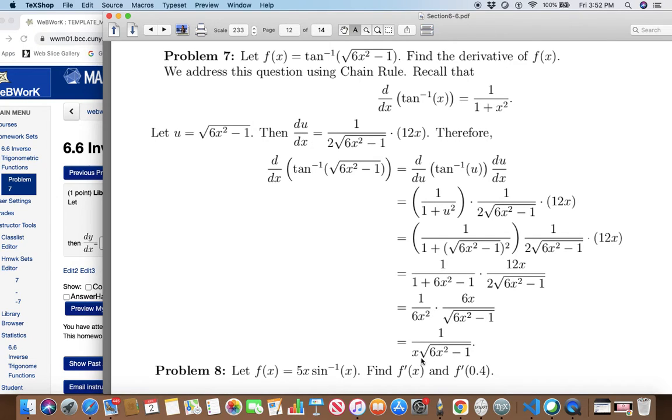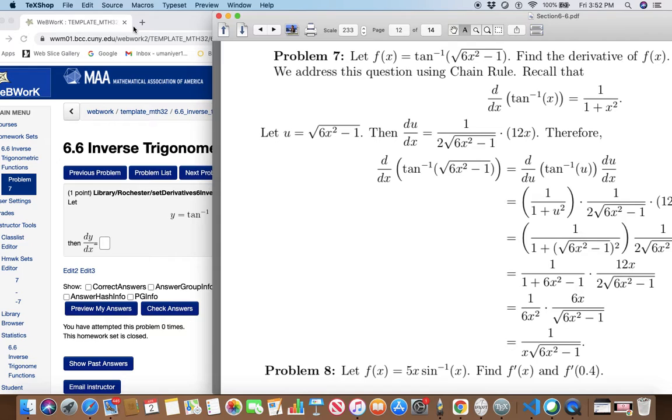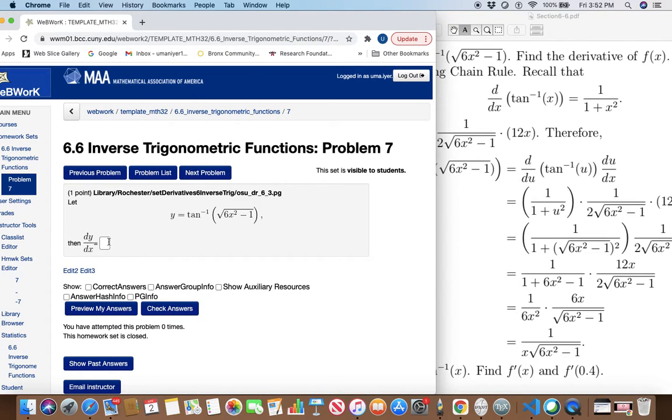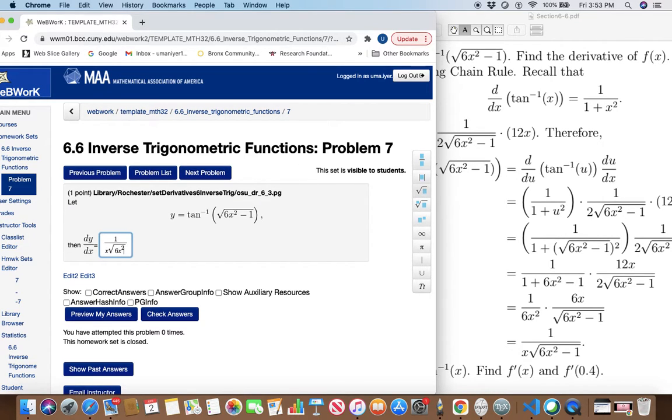I'm left with 1 over x square root of 6x squared minus 1. Let's write that down. 1 over x square root of 6x squared minus 1. All right.